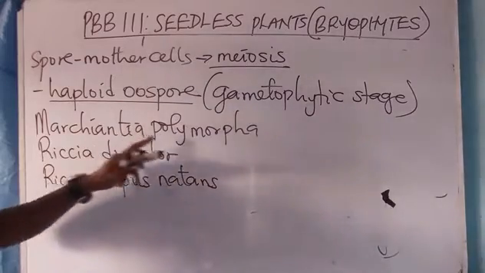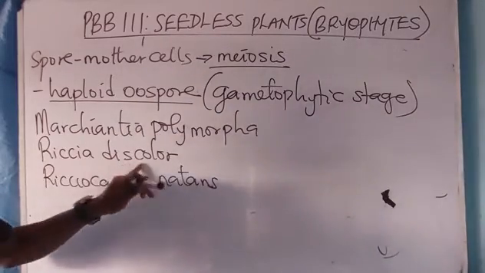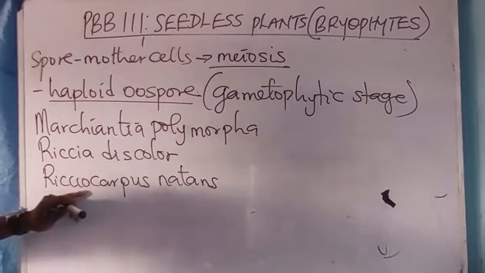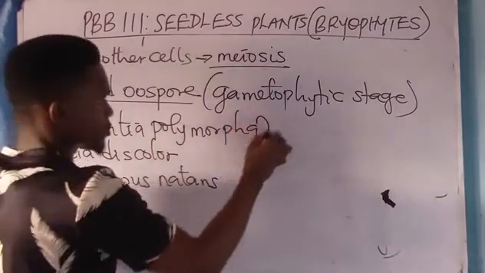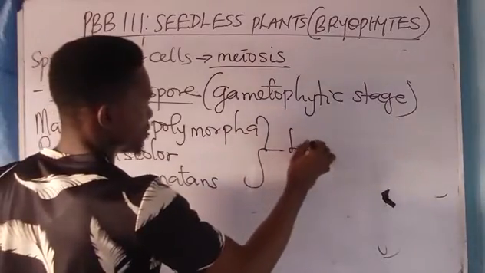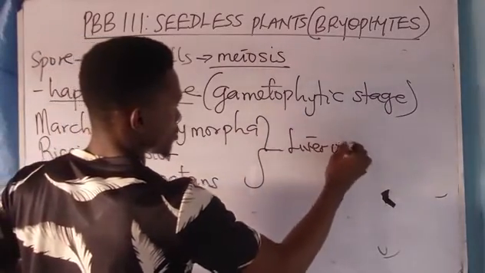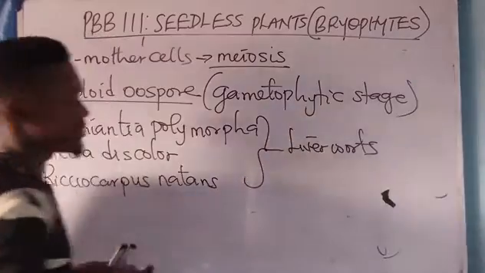The Marchantia polymorpha, Riccia discolor, and Ricciocarpus natans are all what? Liverworts. Please take note of that.